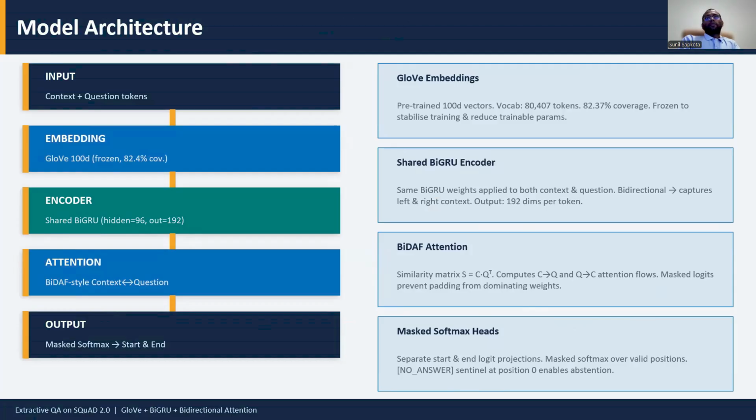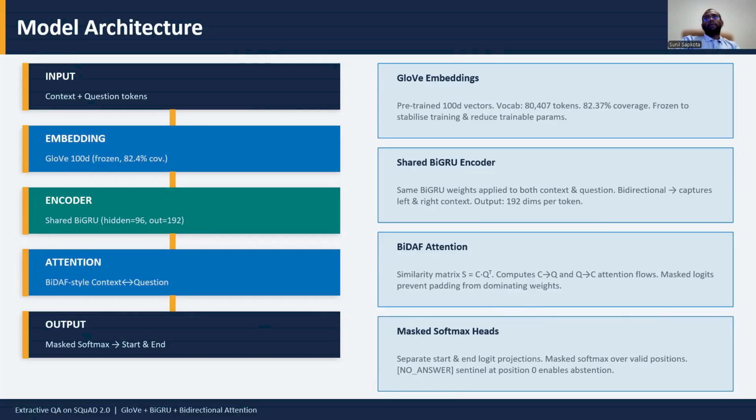The pipeline has four steps, as you can see in the picture. First is obviously the input. Then it is converted into tokens. The tokens go through GloVe to get the embeddings. Then a shared bidirectional GRU reads both the context and the questions.